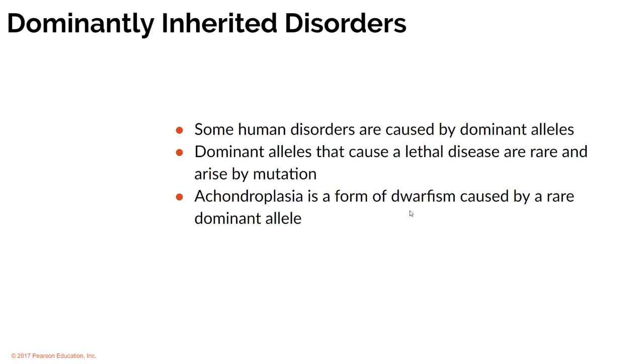All right. We do see some dominantly inherited disorders. They're generally more rare, but they do occur, because a lot of times they're a result of a mutation, so they can be passed down, but a lot of times they don't.